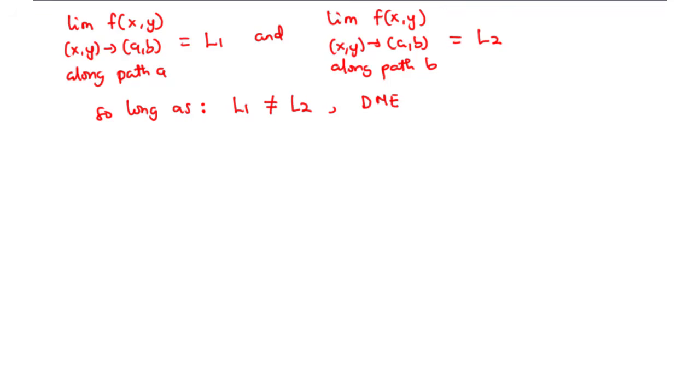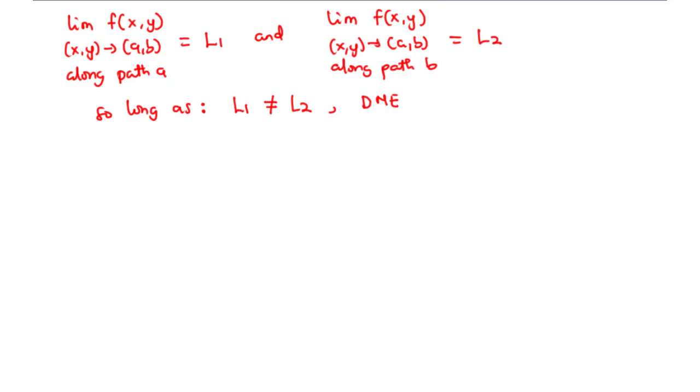So as I said earlier, we just need to find two different limits for two different directions. So long as the limit along a certain path is not equal to the limit along another path, then we say that the limit of the function does not exist.